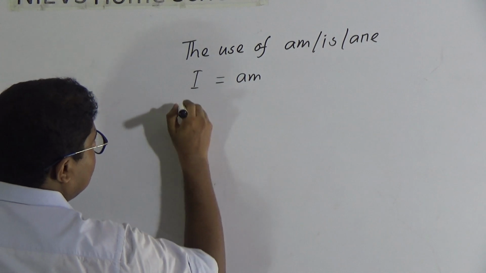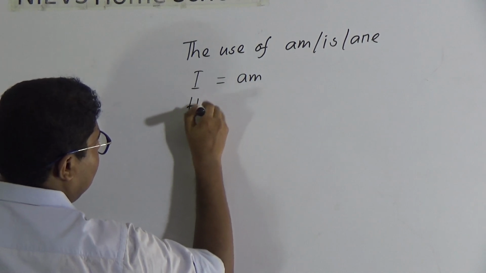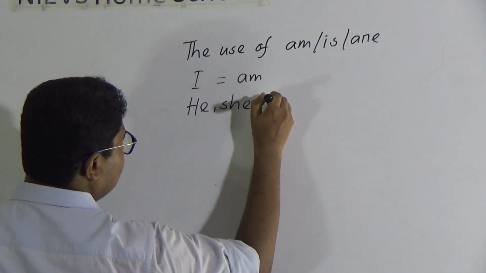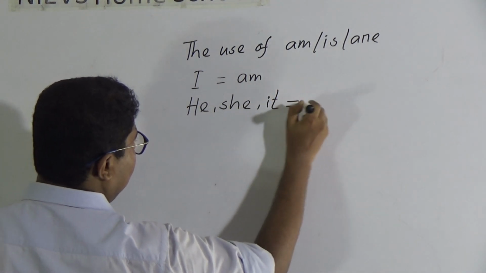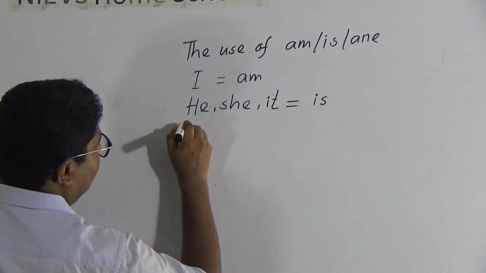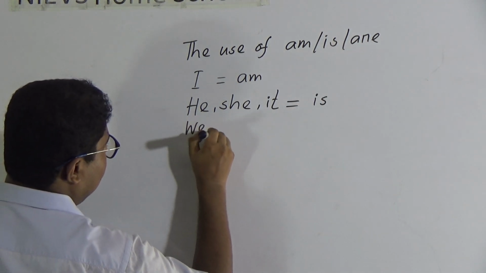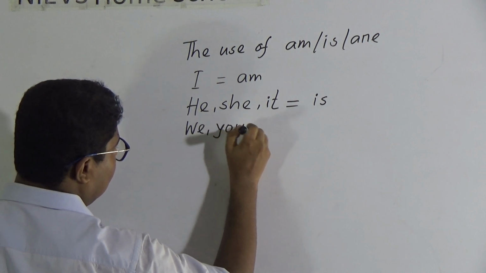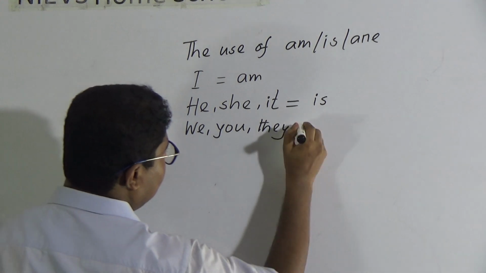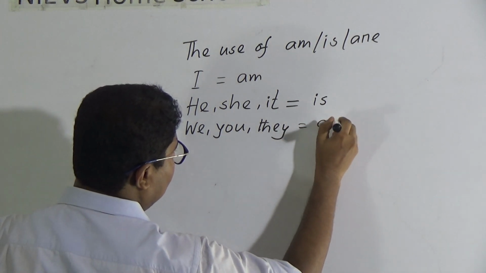Okay, next one, after he, she, it, we have to put is. And then the last one, we, you, they. After we, you, they, we have to put are.